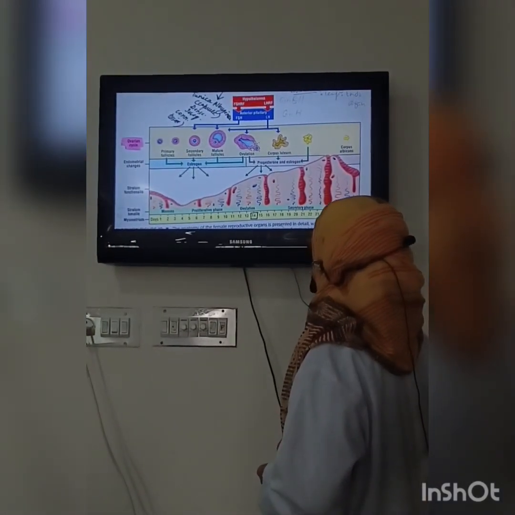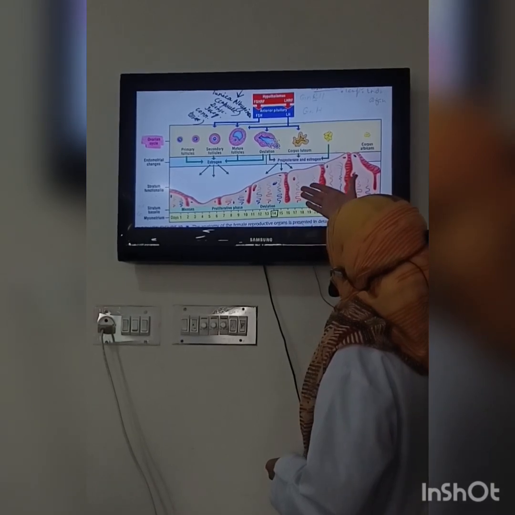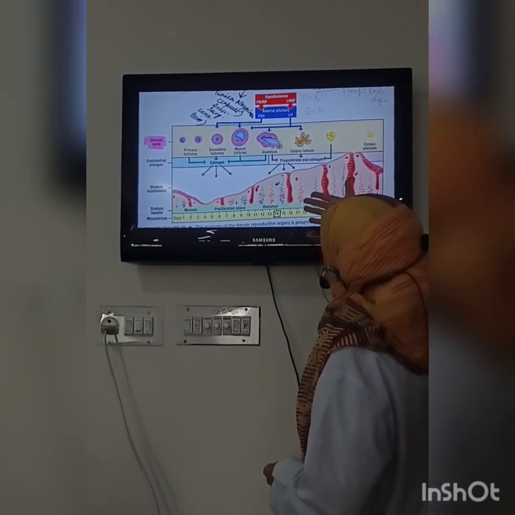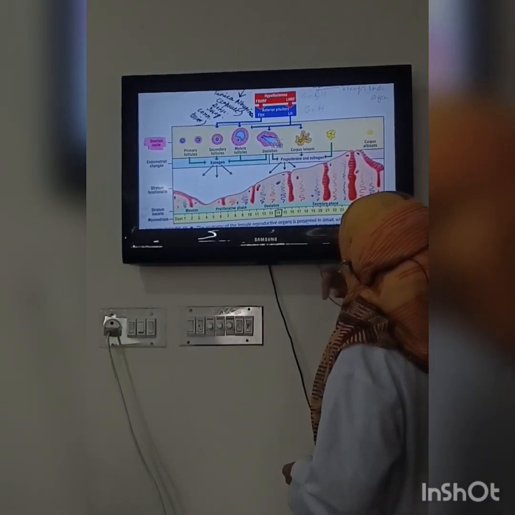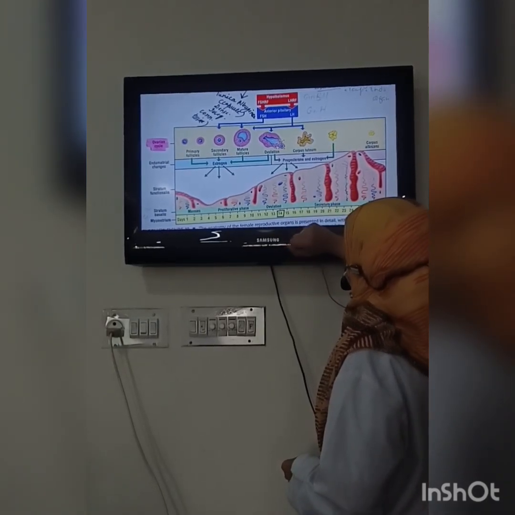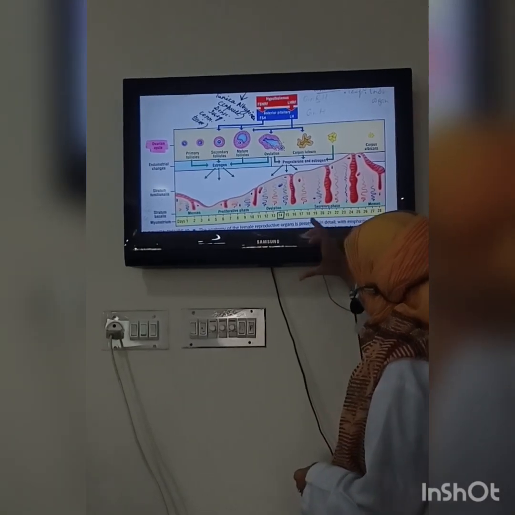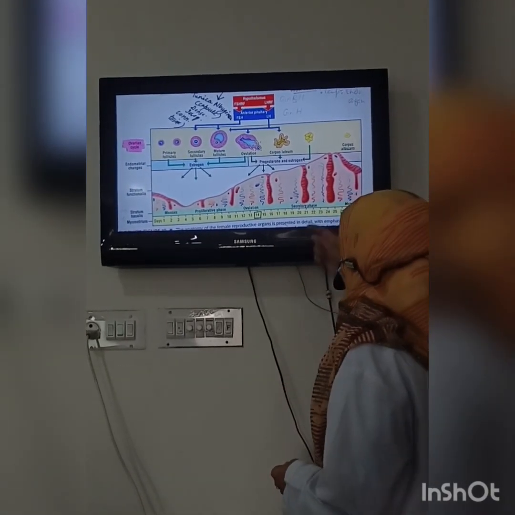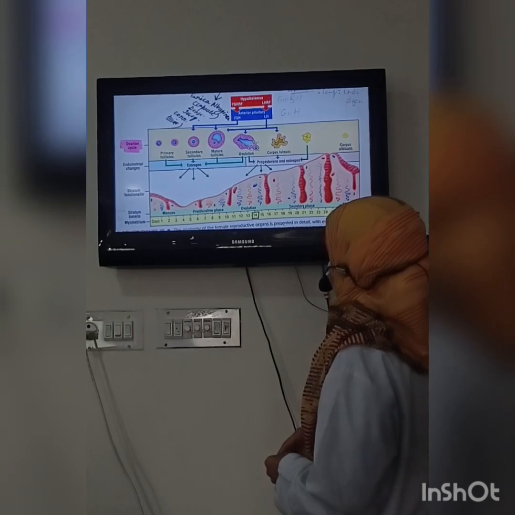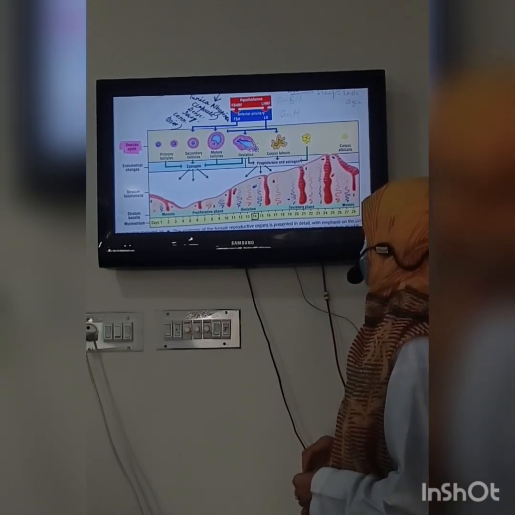That progesterone is now meant for the further growth of this endometrium. Now you can see that the arteries attain full length and reach up to the full thickness of this stratum functionale.